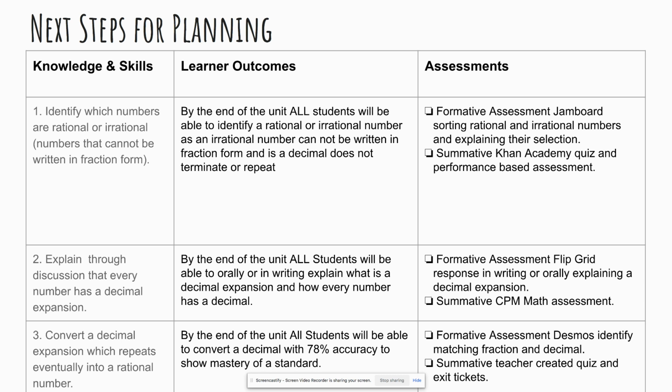I've included an example using a Google Jamboard. I've included an example of students using Flipgrid, which is a digital tool where students can orally respond and videotape themselves explaining their thinking. I've also included activities that would allow my students to engage in a digital technology skill. I love Desmos, but there are so many out there, and that will help you collect data as students are working through digital activities.